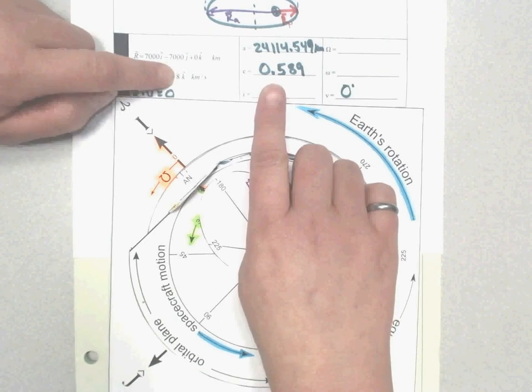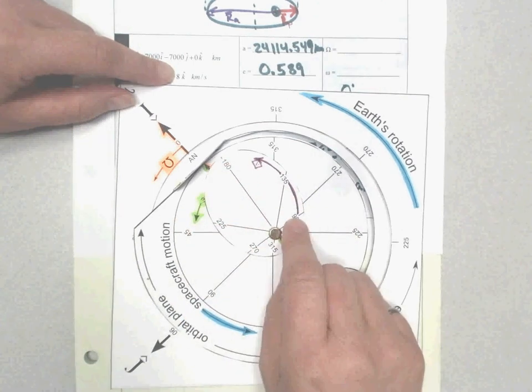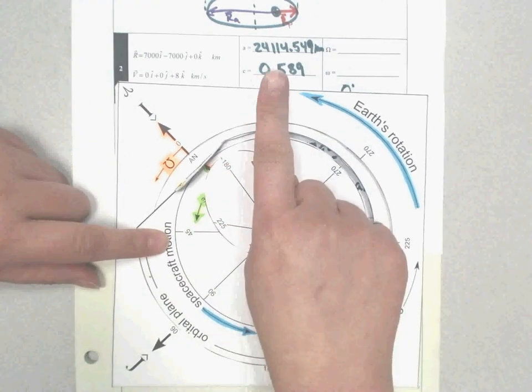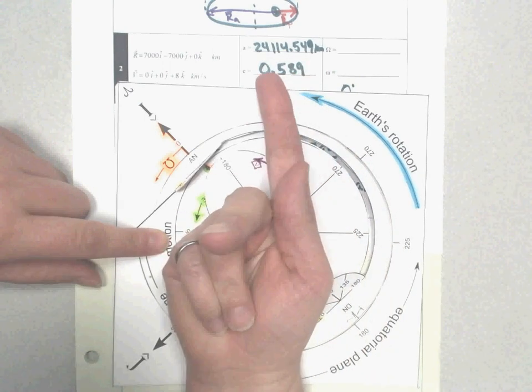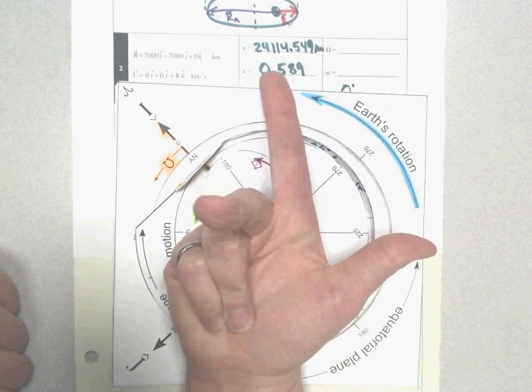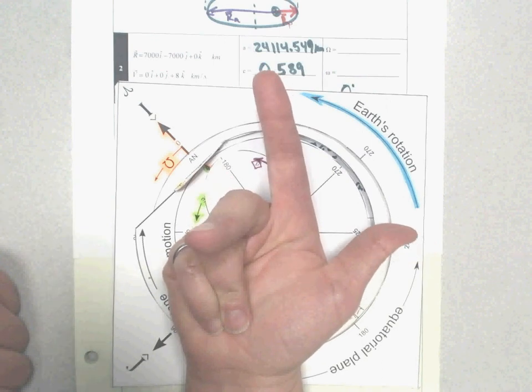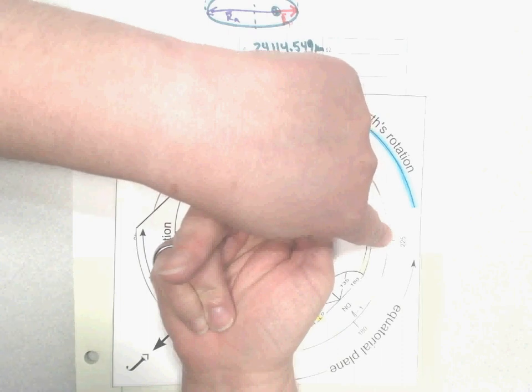Now remember, we said I, J, K is always up to the North Pole. So my R is here, my V is to the North Pole, which means my thumb, which is H, is way over here at this 225.